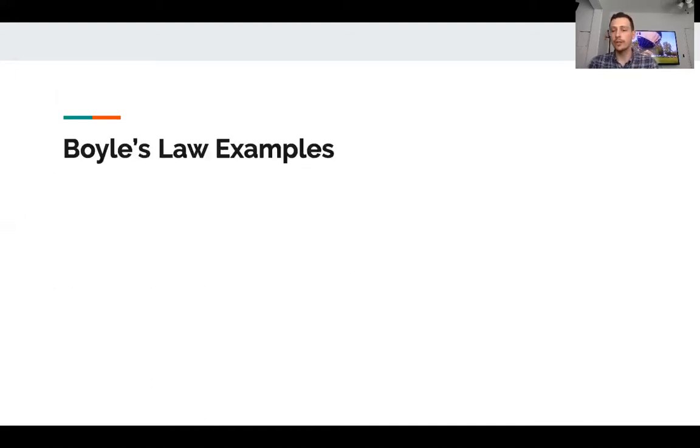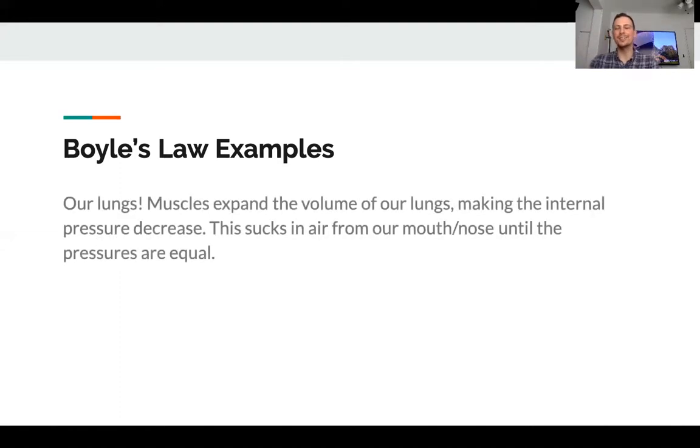So why does this matter? Where do we see Boyle's law in everyday life? Well, we've been breathing as we've been watching this, and our lungs use this concept, right? We can't actually suck in air naturally without using this gas law.